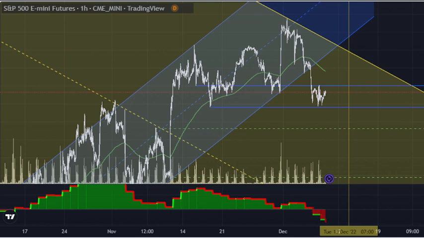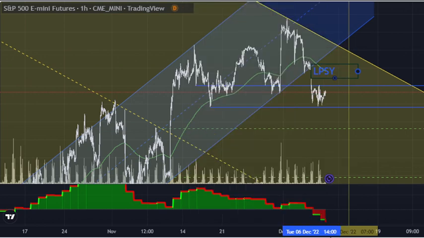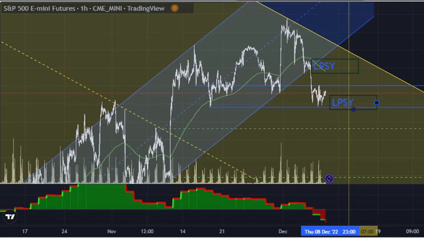I'll label this so you can see this part here was the LPSY. You can see that, I'm pretty sure. And then this is the other LPSY. I believe they give both names on that.